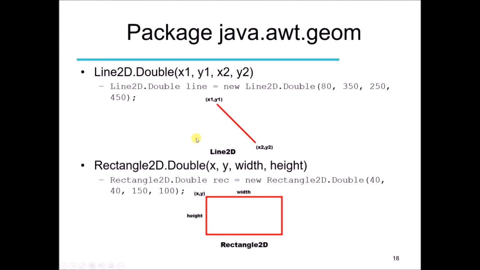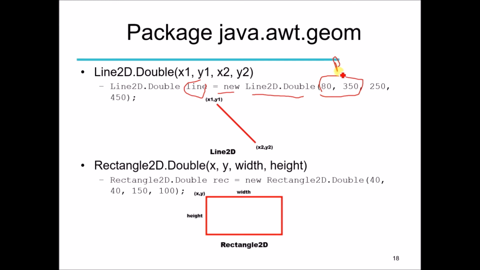Now if you want to create the line object, we are going to use the class line 2D double. We have to create the object. We write the class name line 2D double, then the object name, that is line. We can use any name for the object. Again equal, and the new operator, the name of the class, and the 4 parameters. These 4 parameters are similar to the parameters we passed to the method draw line. That is the values of the 2 points of the line: x1, y1 of point p1 and x2, y2 of point p2. So we are passing similar parameters to create or construct this object.